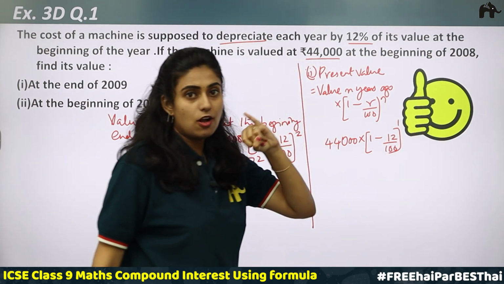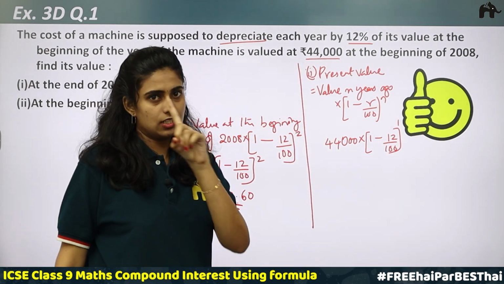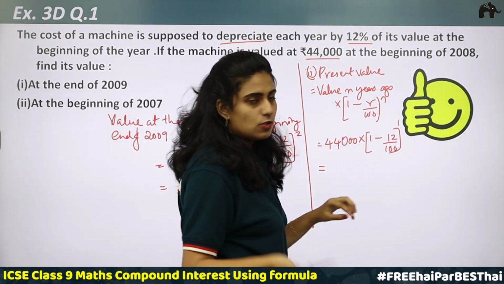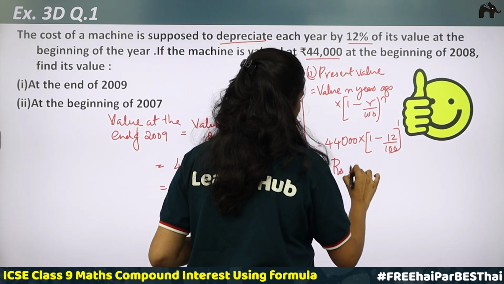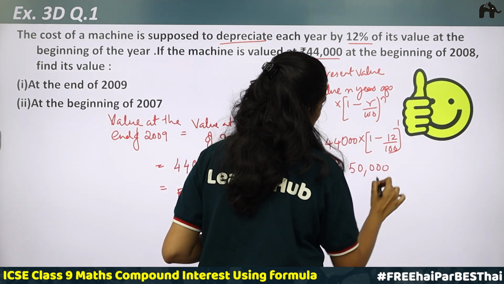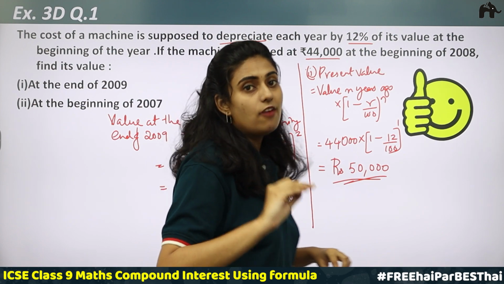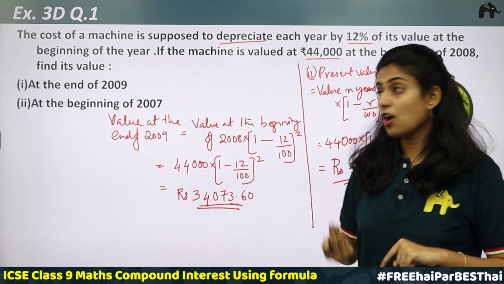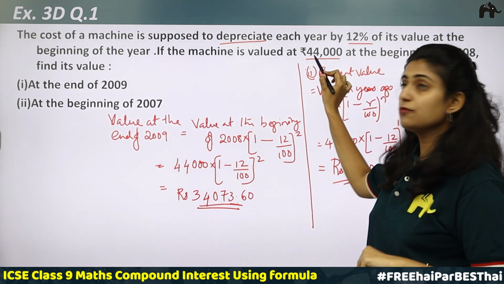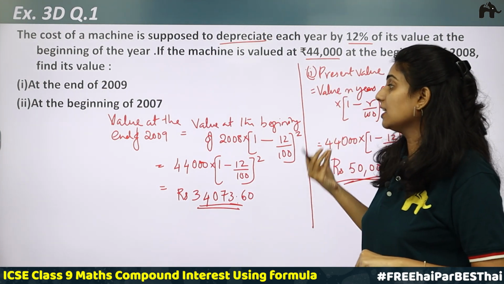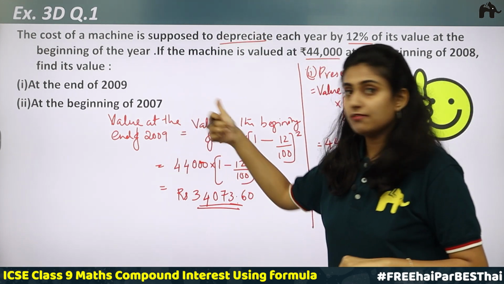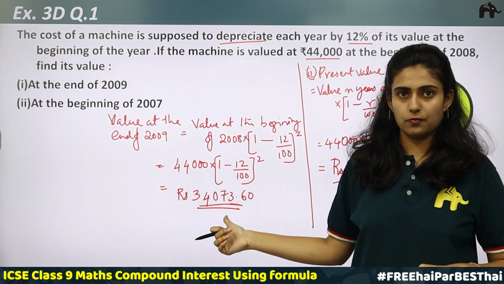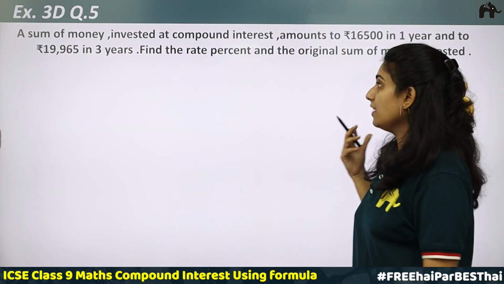The n value will be 1, since beginning of 2007 to beginning of 2008 is a complete year. When you calculate this, you will be getting final answer rupees 50,000. So, at the beginning of 2007, the value is 50,000. At the beginning of 2008, the value is 44,000. And at the end of 2009, the value is rupees 34,073.60. Clear?